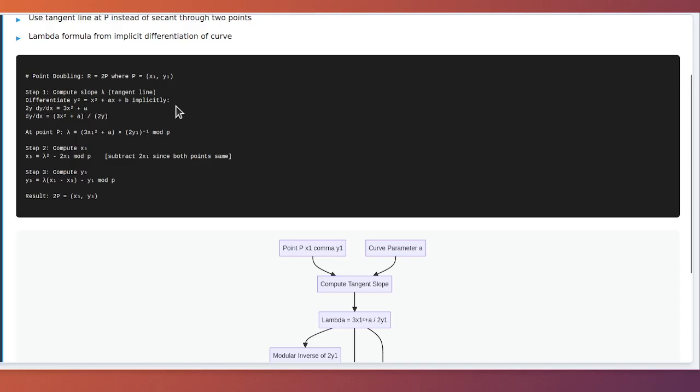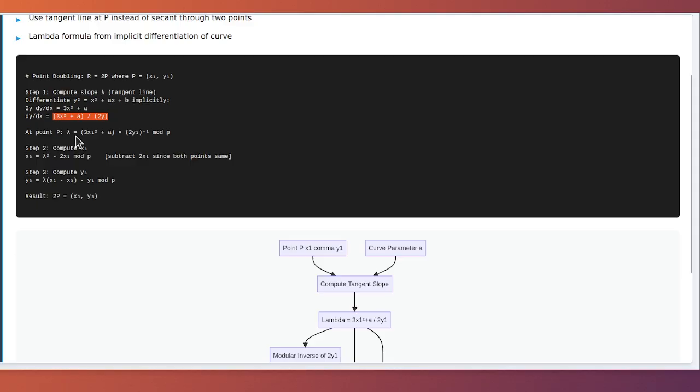The doubling formulas for P equals (x1, y1) are similar in structure to addition, but with a different lambda. For doubling, lambda equals (3 times x1 squared plus a) times the inverse of 2 times y1, all modulo p. This formula comes from implicit differentiation of the curve equation.